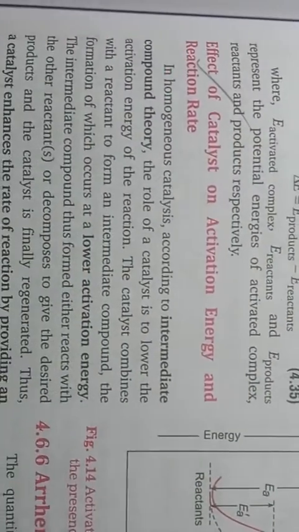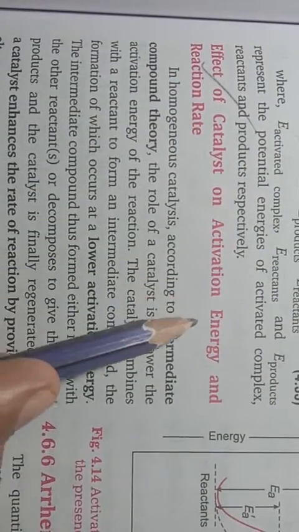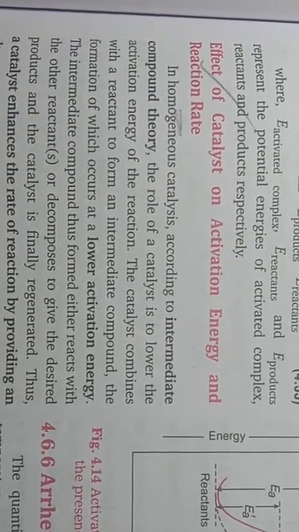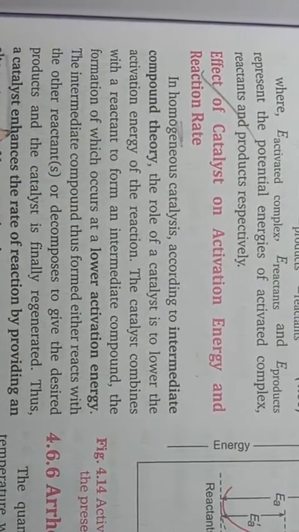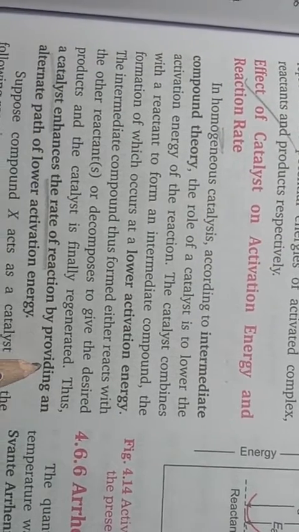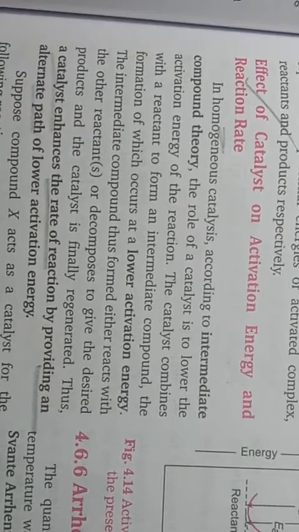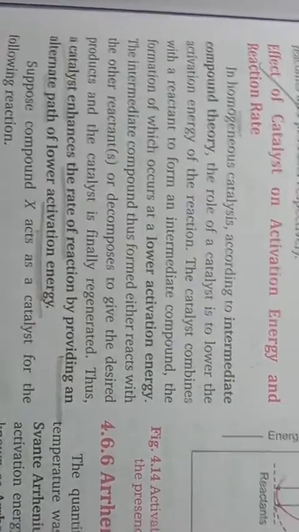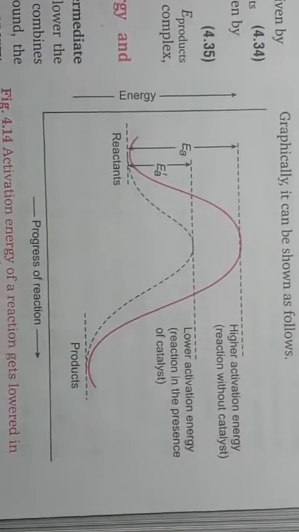Then next heading is effect of catalyst on activation energy and rate of reaction. So a catalyst enhances the rate of reaction by providing an alternate path of lower activation energy, as you can see graphically here.